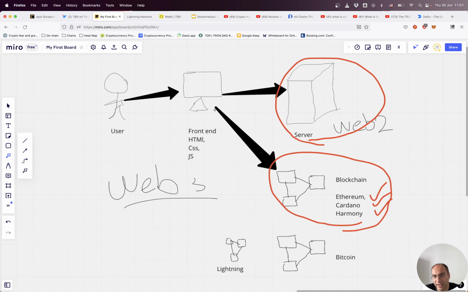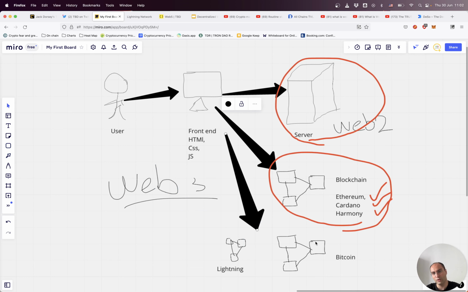Then it is better to store data not on these layer 1 blockchain solutions, but on Bitcoin.